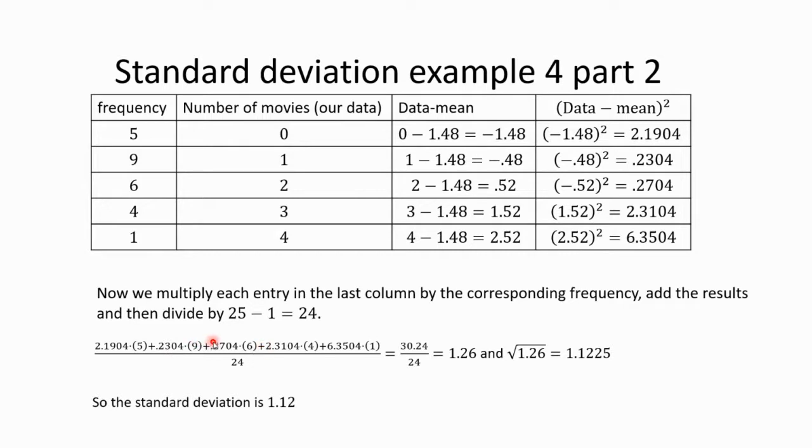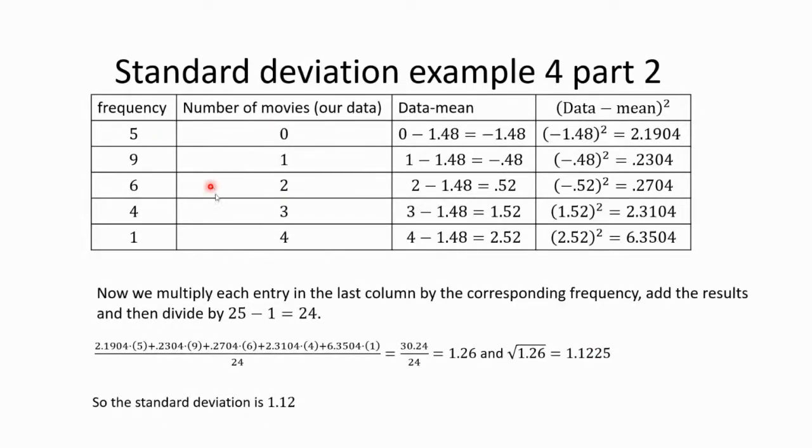And remember, since it's sample data, it's n minus 1 that we're dividing by. Okay, that's why we have 24. So we're dividing by that. And so we get this, which is our variance, and our standard deviation is this, rounded, as you can see.